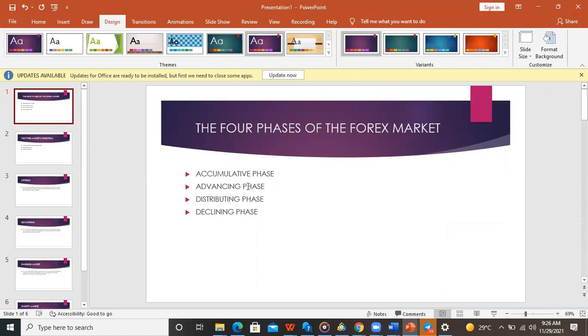And then we have the advancing phase. After the fall, you get to realize that the buyers have started taking over the market from the sellers. That means the market is what? Advancing. No market stays down forever or stays up forever. So when it gets to the top, for it to come down, sometimes it will range, going up and then coming down, ranging between a certain price.